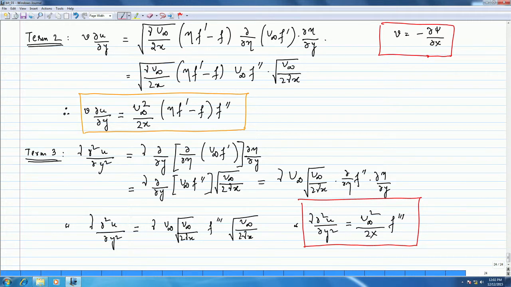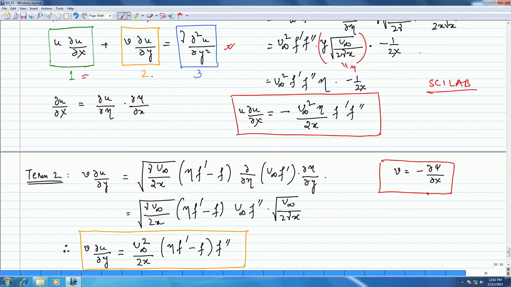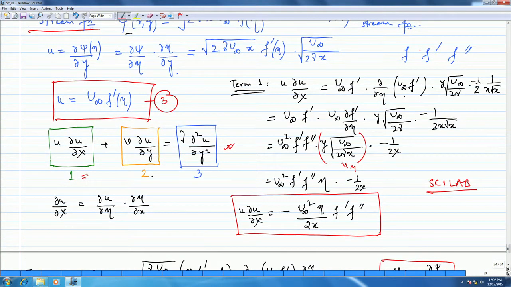So now, that's what we get as the equation. Therefore, we've got here the three terms of the velocities. And this v term, because we've got an expression for u, which is u infinity f dash, isn't it?